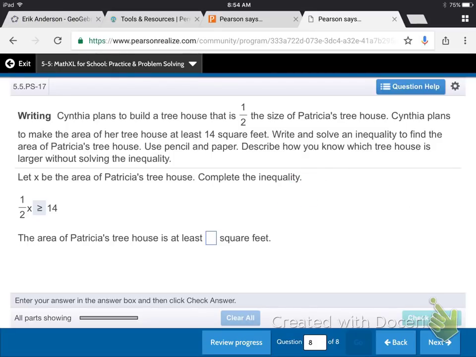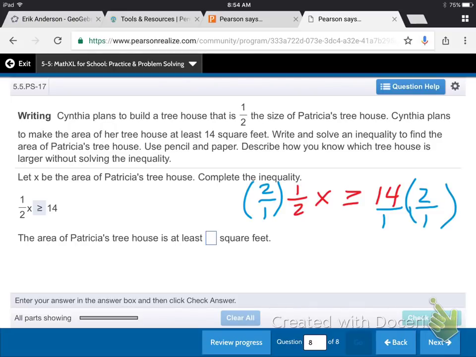Let me write that down a little bit better. 1/2 x is greater than or equal to 14. So on both sides of this inequality, we are going to multiply by the reciprocal, which is 2/1. And we're going to do the same thing. We're going to make 14/1 and multiply by 2/1. There we go. So 2/2 cancels, 1/1 cancels.